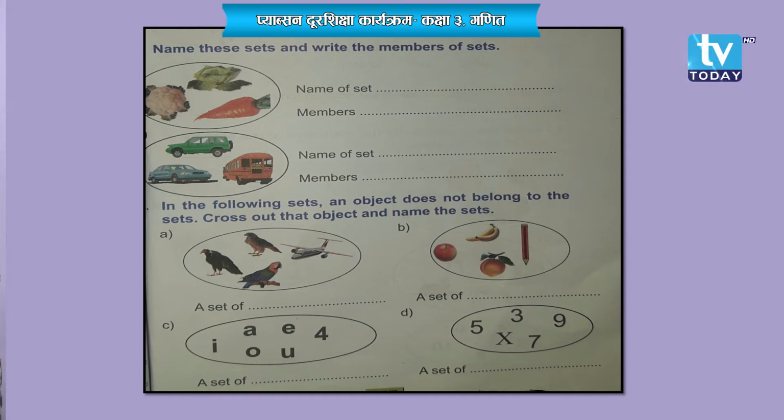Now, have a look at the second picture. What is that? It's car, Scorpio and bus, right? Can you name that set? Yes, just write down vehicle and then the members of that set also: car, Scorpio and bus.